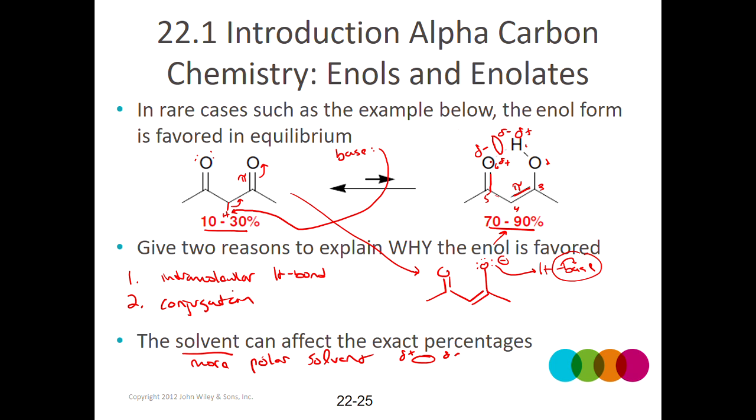And so that factor won't be there to stabilize the product anymore. So with a more polar solvent, we're probably looking at closer to a 30 to 70 ratio. And so the more stable CO pi bond being more stable than the carbon-carbon pi bond really increases the amount of reactants that are going to be present during that equilibrium. But the conjugation still favors the product side versus the reactant side.